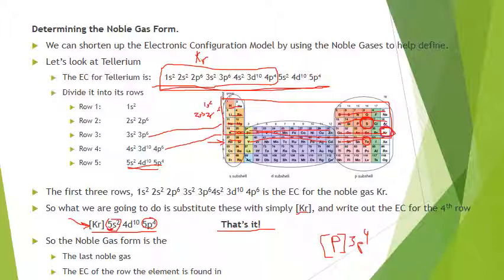You don't do that. You use the previous noble gas. So if it's sulfur, the previous noble gas would be neon. And then it would be 3s2, 3p4. So that's it.